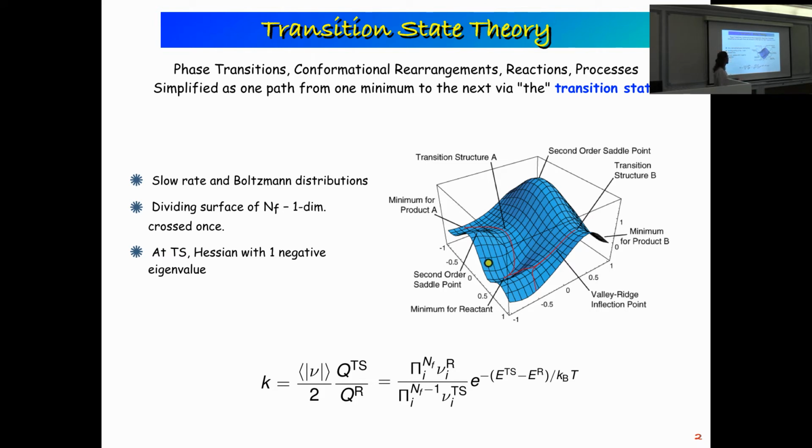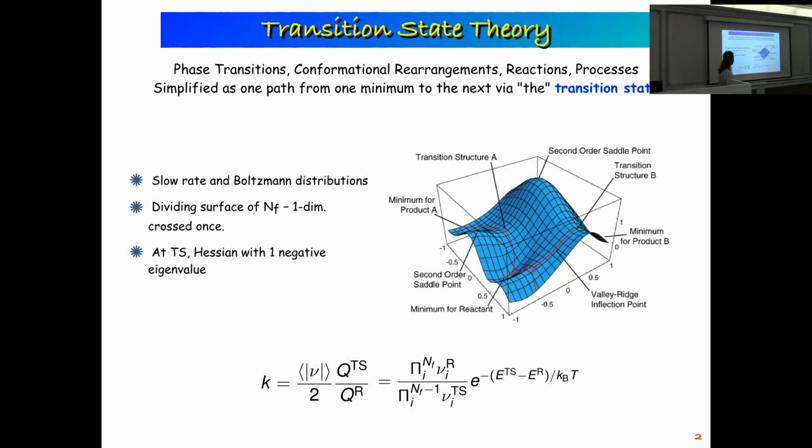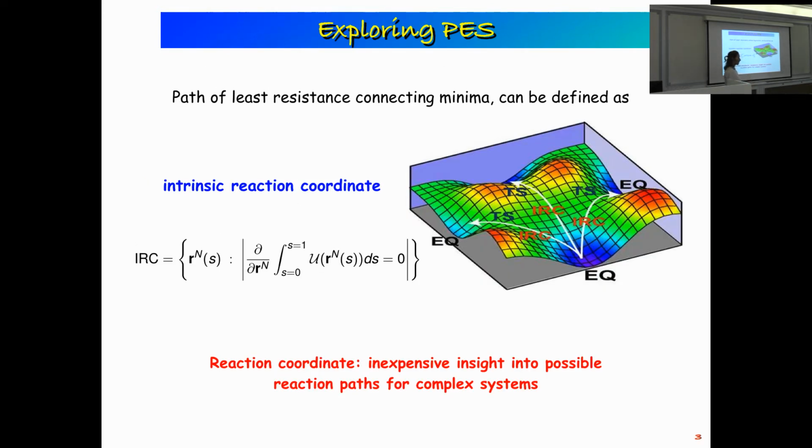Then you can evaluate the energies and also the vibrational frequencies, and then you can give an estimate of the rate constant, and that is what you can compare in general with experiment.